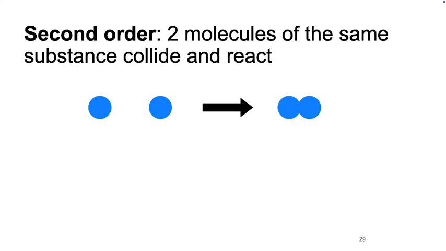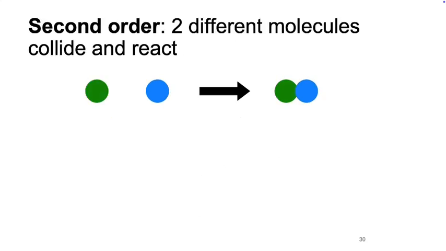Do the balls have to be the same color? Nope, they could be different colors. So we could run through a rate law for this one: rate equals K, bracket, bracket. Sorry, I'm going to have to switch to a different color now. But isn't this first order now?